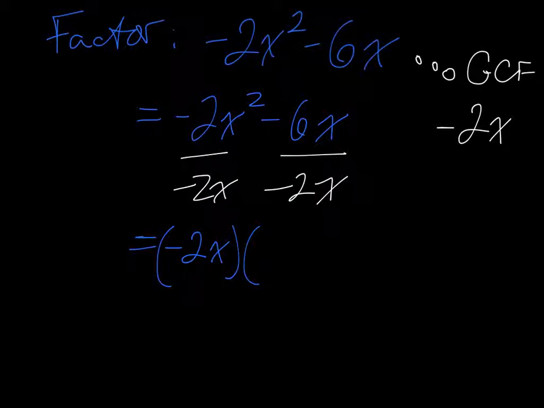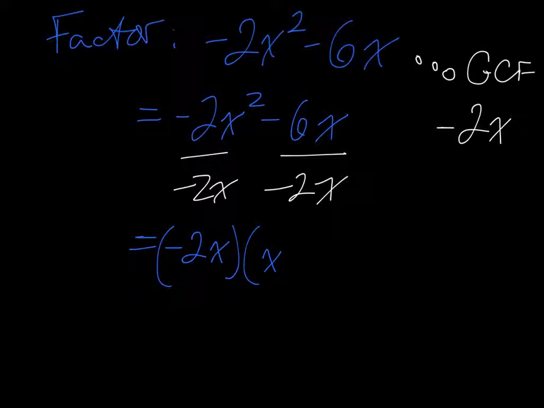What's negative 2 divided by negative 2? That would be positive 1. You don't have to write that 1. It's there, but I'm not going to write it just because in math we don't usually write our 1s. Then I know that x squared divided by x is just x.